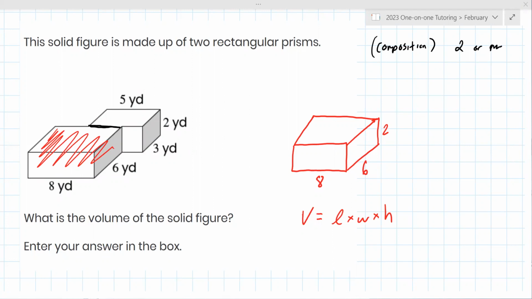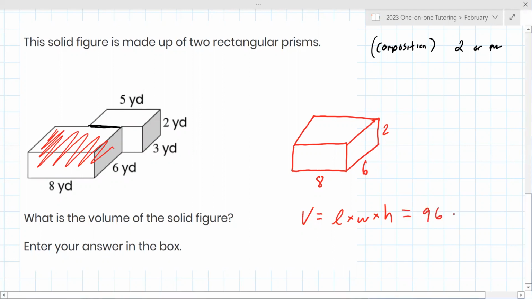Is it 96? Yes. What are the units? Those are yards. But what's a little more? So this 3 means yards cubed or cubic yards.